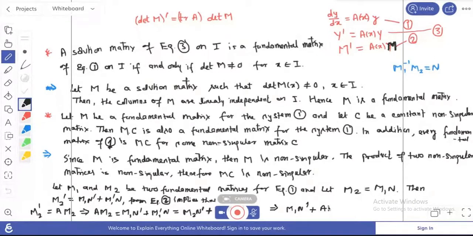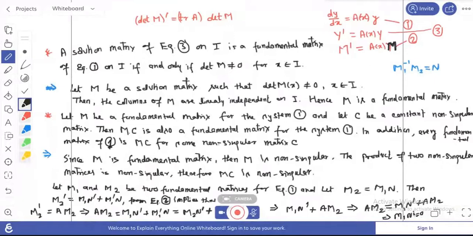So finally, what is the value of AM2? AM2 equals M1 N prime plus AM2. Here these two are the same. So this implies M1 N prime equals 0, because these two are the same.